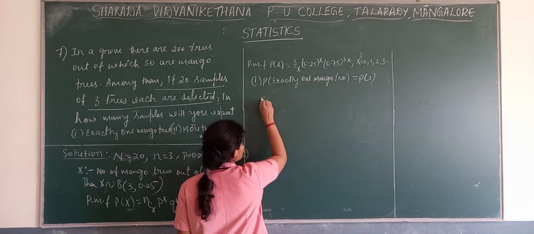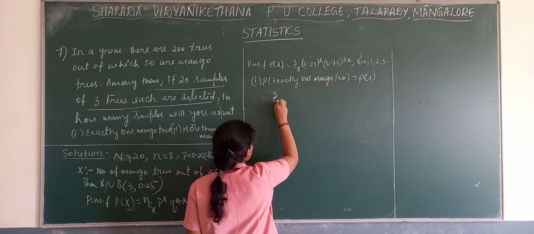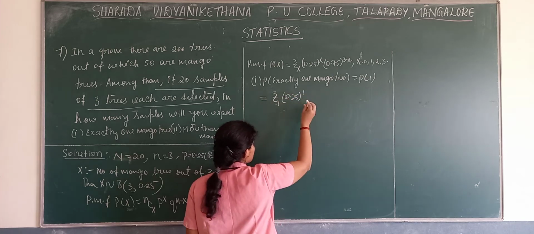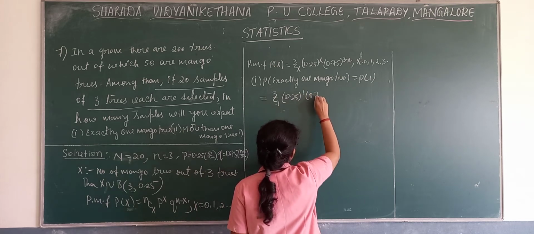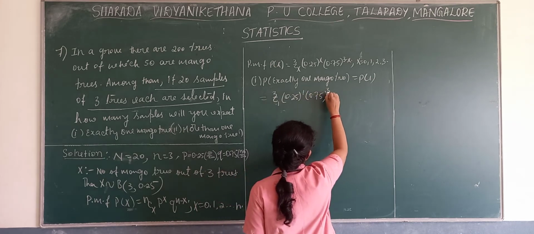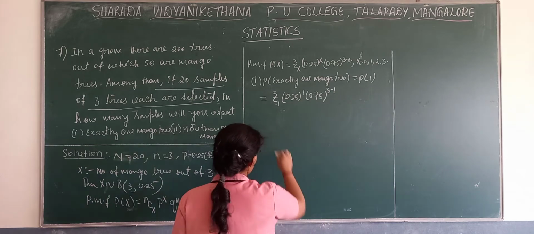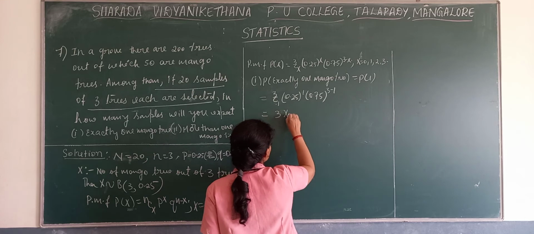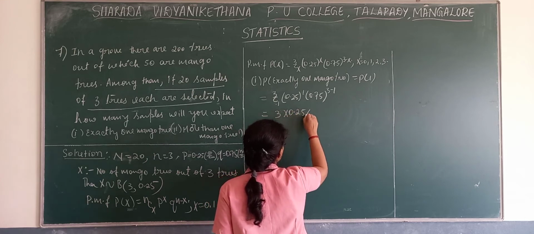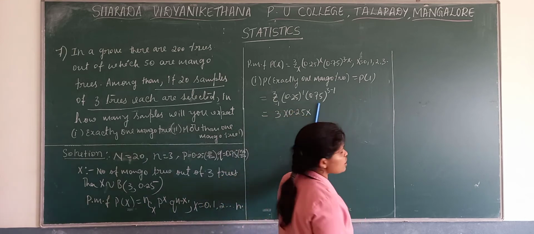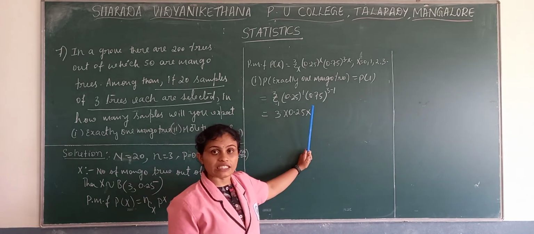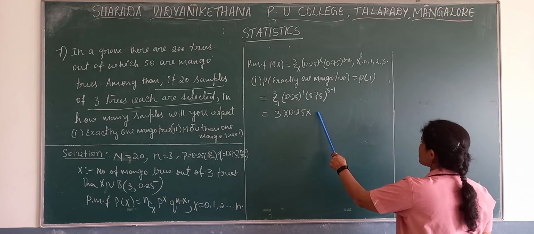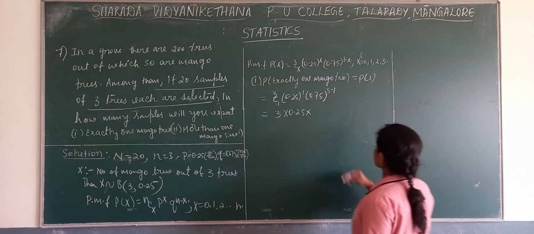Now here 3C1 into 0.25 to the power 1 and 0.75 to the power 3 minus 1. Now 3C1 value is 3, into 0.25, and into 0.75 to the power 3 minus 1. 3 minus 1 means to the power 2.